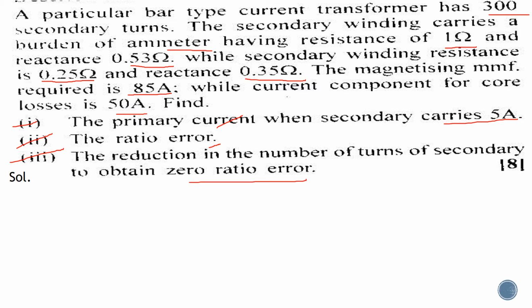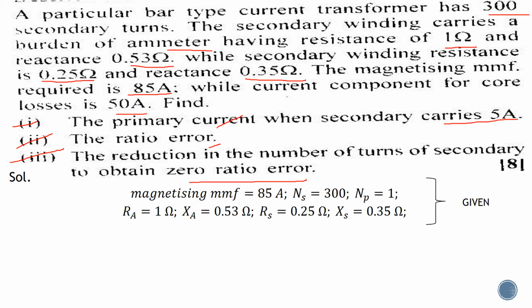Starting with the solution, first we will write the things which are provided to us. The magnetizing MMF is given as 85 ampere here. Number of turns in secondary is given as 300. Number of turns in primary is 1. Here we are given that the current transformer is of bar type and therefore the number of primary turns is 1.